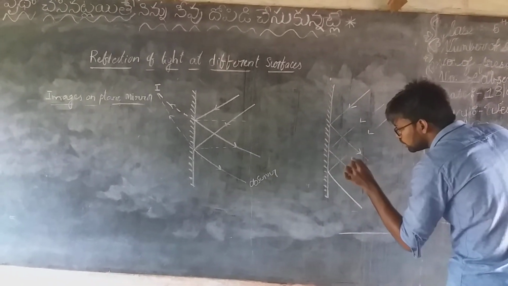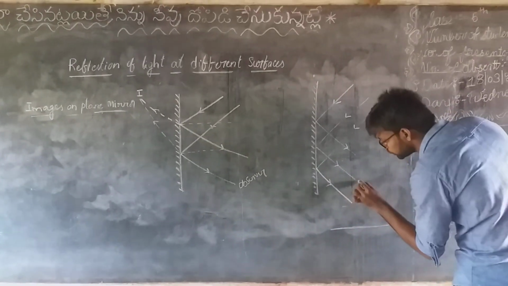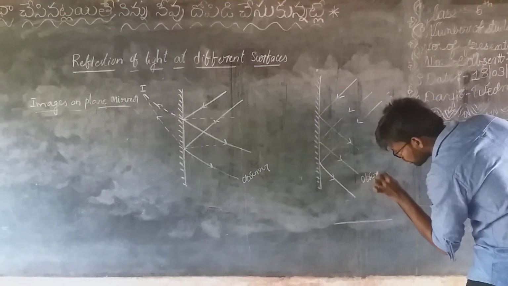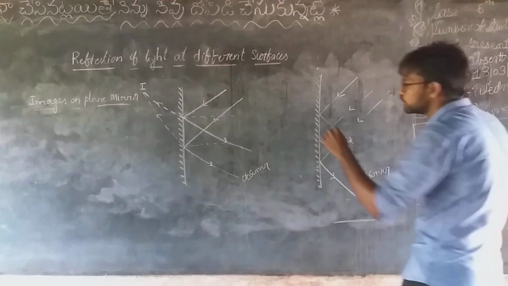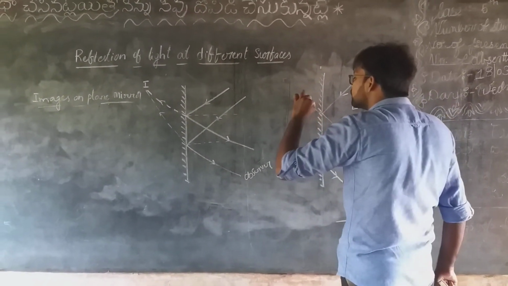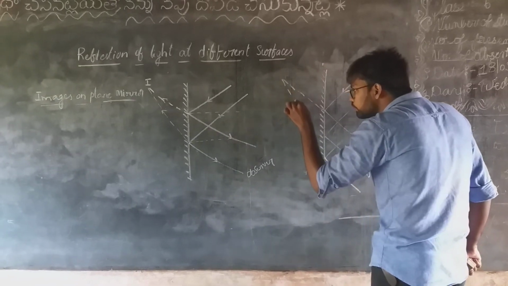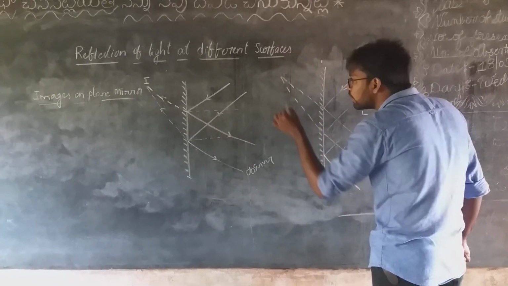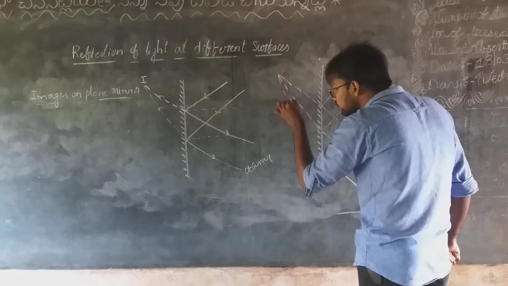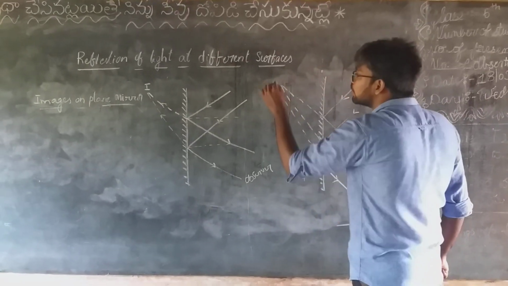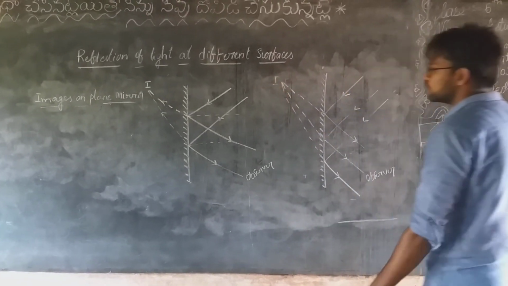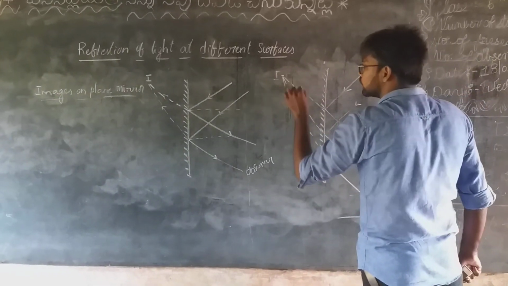So the observer observing from this position, the observer position, the image will be formed at a different position, back of the mirror. Back of the mirror the image will be formed. Here it is the image position.